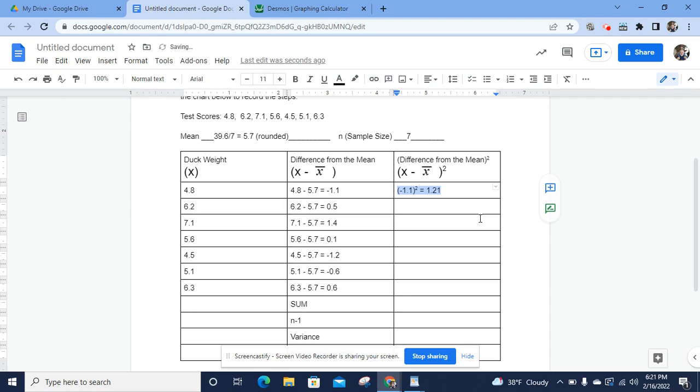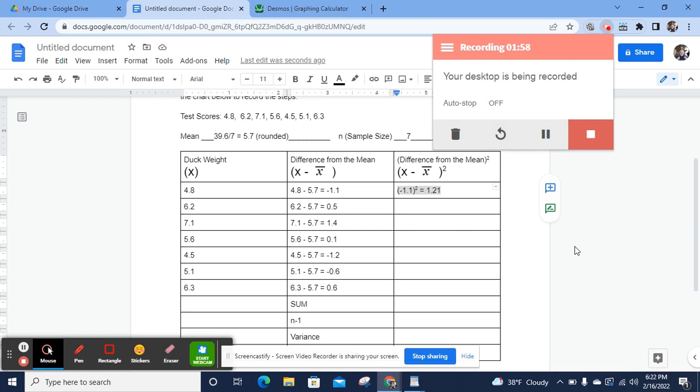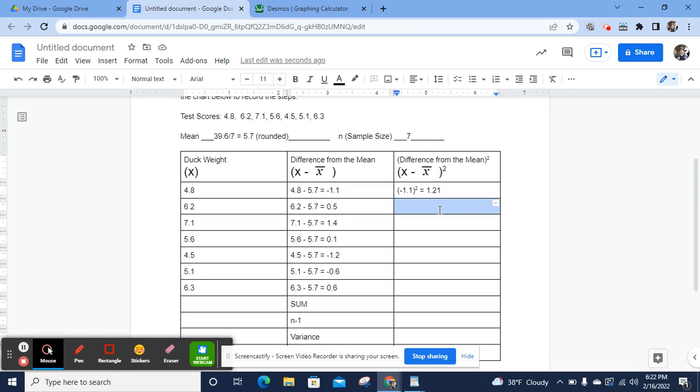Okay, I'm going to take each one of these differences and square it. Now, when we get to this 0.5, we're going to square that difference, and you get 0.25. We square the next one. 1.4 squared is 1.96. 0.1 squared is 0.01.